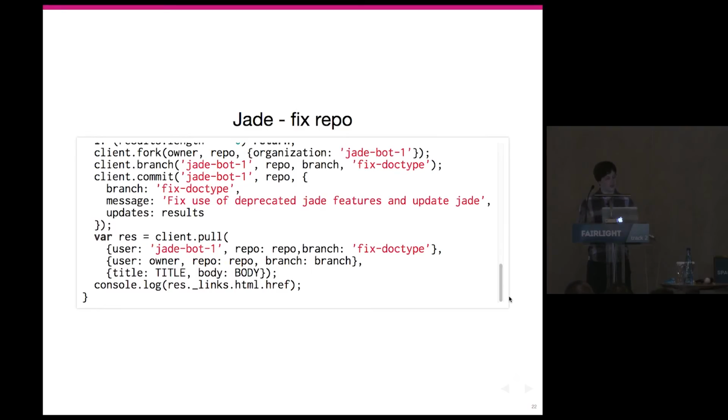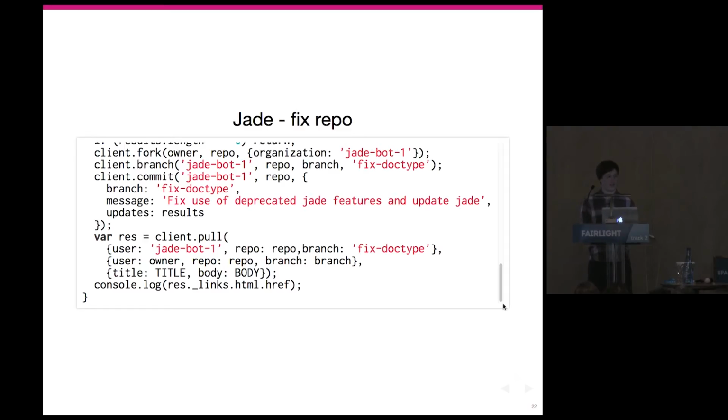It will create a branch called fix.doctype on that repository. It will commit onto that branch with the message "fix use of deprecated Jade features and update Jade." And then it will create a pull request back to the original repository with that original owner, repo name, and whatever branch was the default branch on that repository.